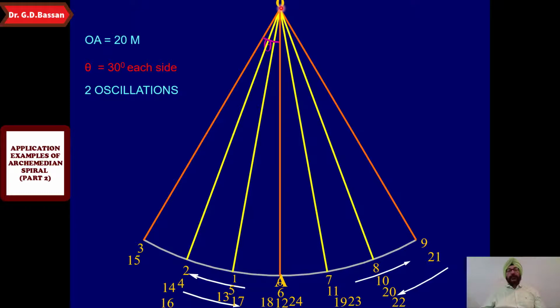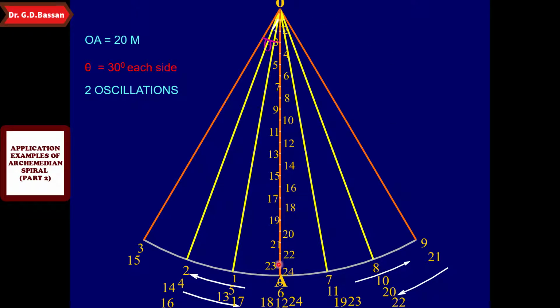Now the linear movement of the monkey from the top to the bottom should also be divided into 24 equal divisions. So we divide O to A into the same 24 divisions; 0 position will be at O and 24 at A. Now we divide the linear movement of the rope OA into the same 24 divisions, equal to the oscillation of the monkey.